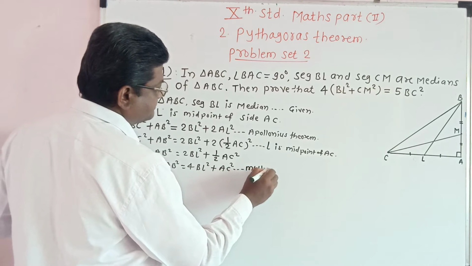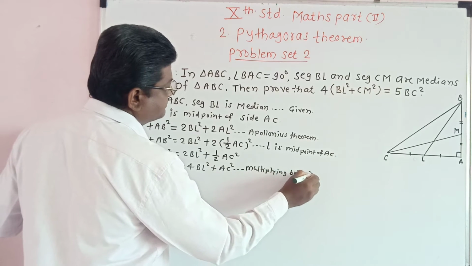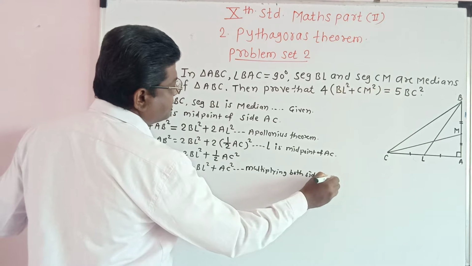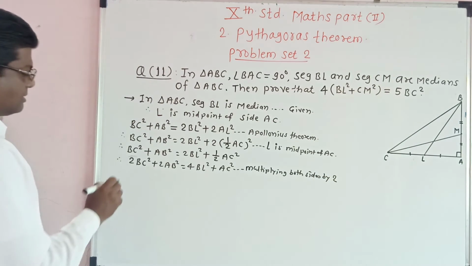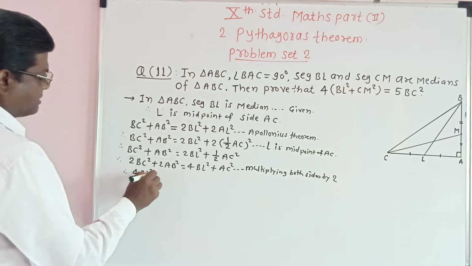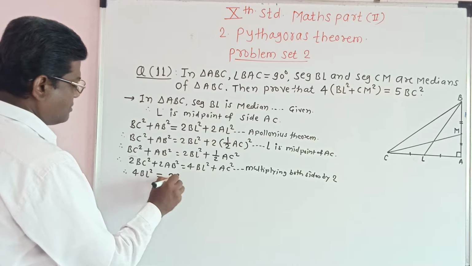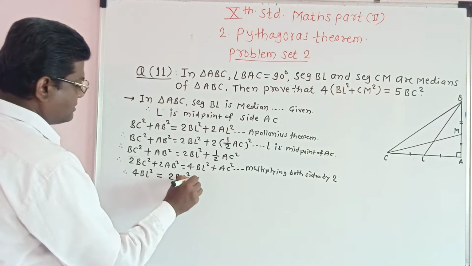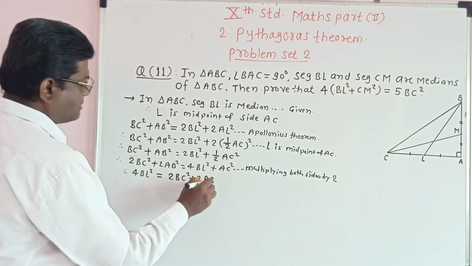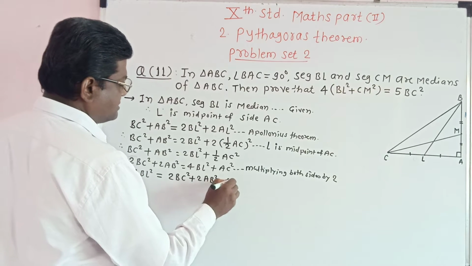Multiplying both sides by 2. Therefore 4BL square is equal to 2 into BC square plus 2 into AB square minus AC square.